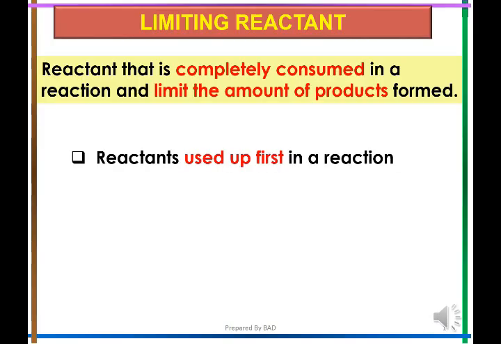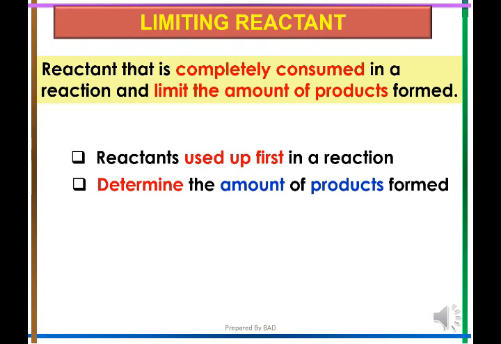So, the limiting reactant is the reactant used up first in a reaction, or the reactant that is completely consumed before other reactants. This limiting reactant determines the amount of product formed because when the limiting reactant is completely consumed, the reaction stops.